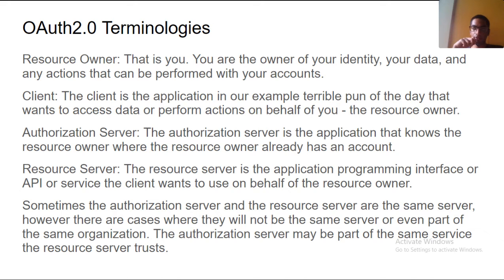So the client, terrible pun of the day, wants to use my Gmail services, my Gmail resources. It accesses my Gmail resources through the resource server's API, and it is using my resources on behalf of me. Simple. Sometimes the authorization server and the resource server are the same server.